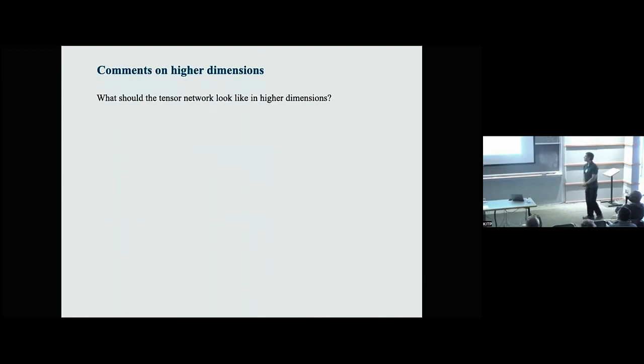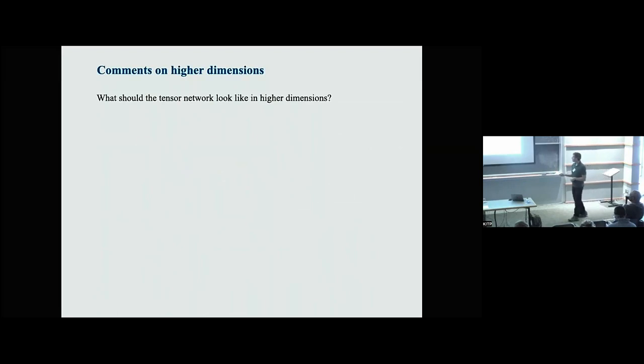What about higher dimensions? Well, we don't have anything quantitative to say, but what should the tensor network look like? In higher dimensions, the right thing to do is not to organize in conformal blocks. In 2 dimensions, we used Virasoro because it allowed us to separate out the random chaotic black hole part of the theory from the low energy part of the theory, which in this model was entirely Virasoro.